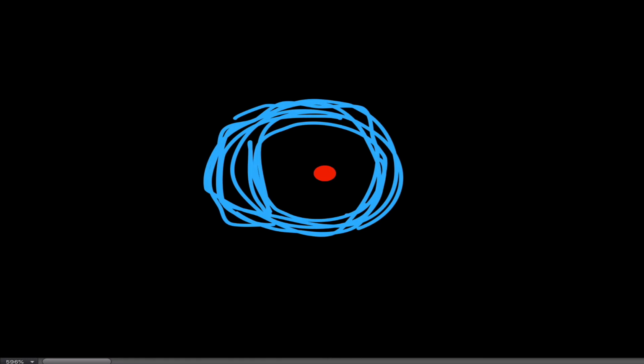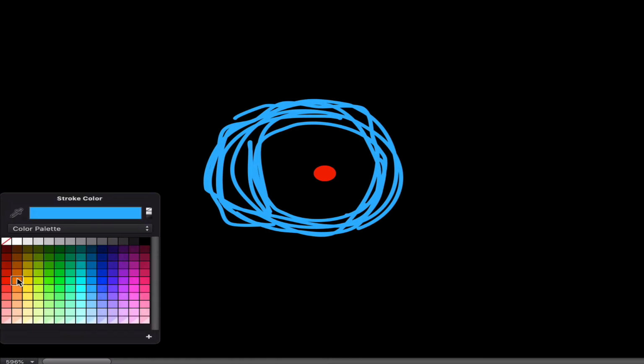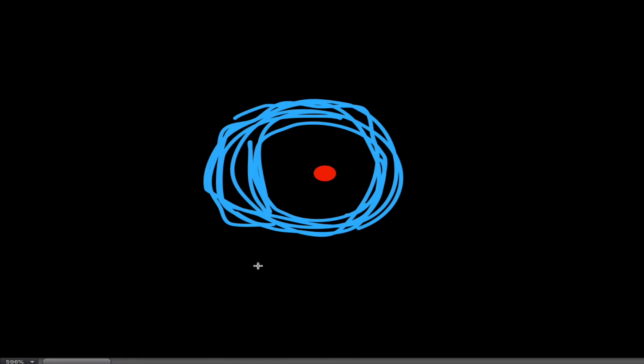So if we give this electron the certain amount of energy that it needs, we get an excited electron, let's just say.